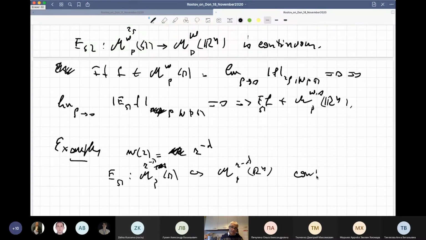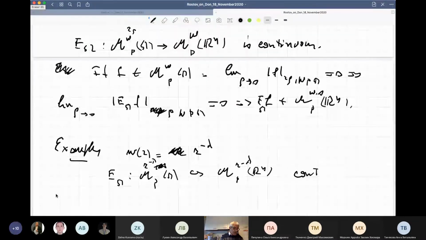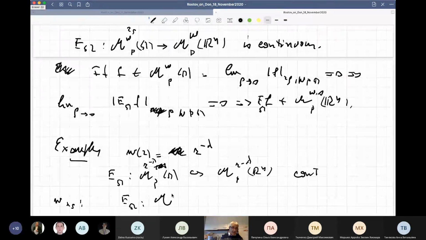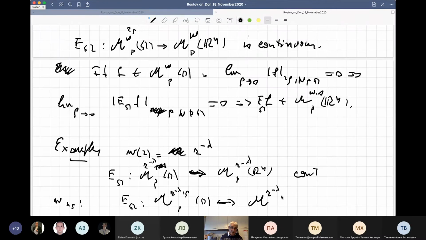It is continuous. And then you can take also another weight. You can take, for example, the weights W lambda rho. You remember? We have the E omega from M R to the minus lambda, comma rho P omega, into M R to the minus lambda, rho P omega, PRN. It is continuous.